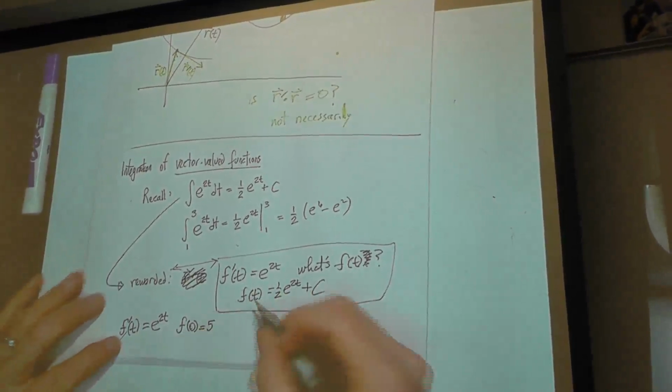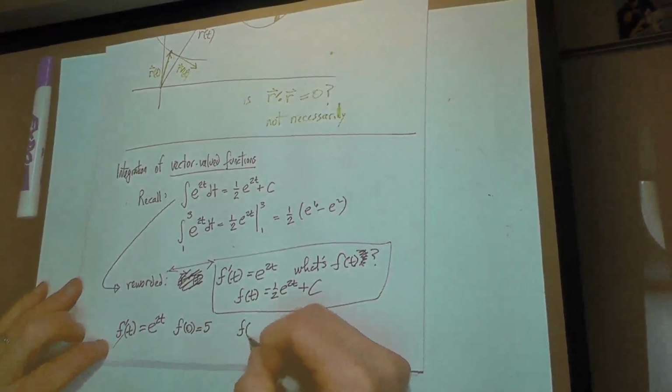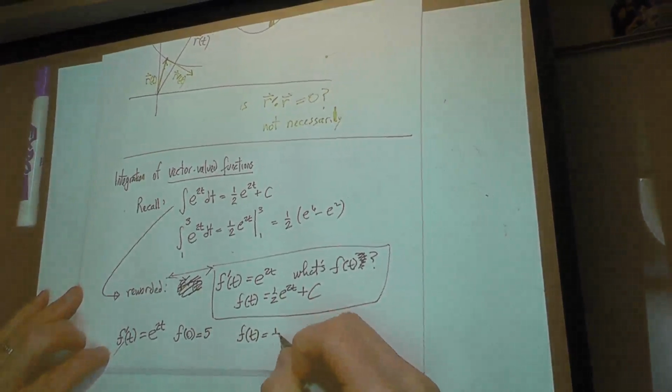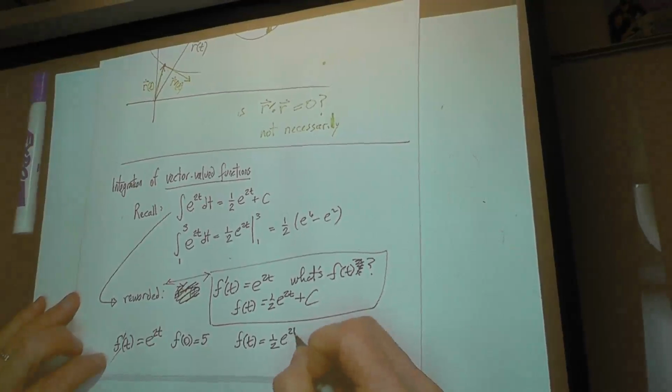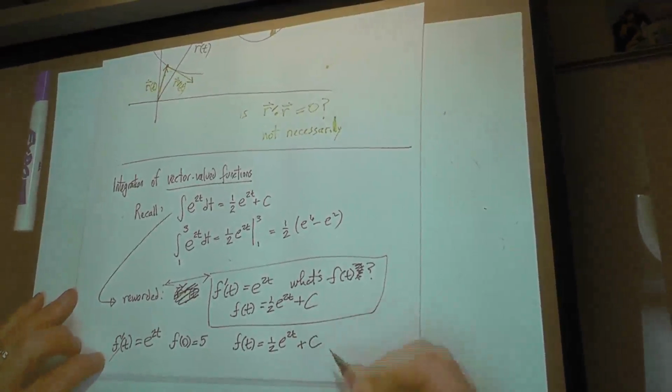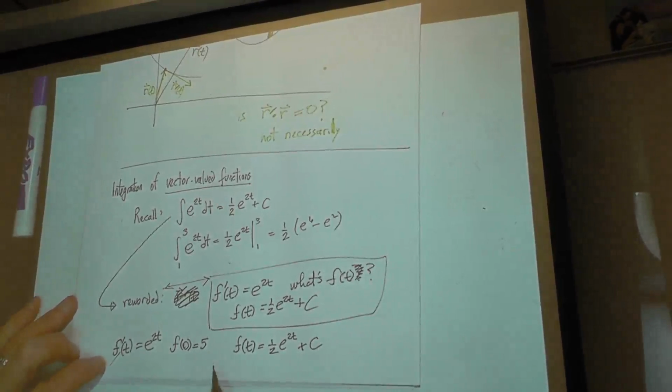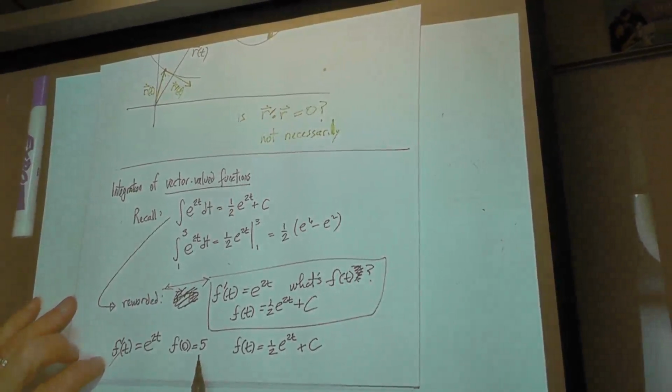So this would tell me f of t would be 1/2 e to the 2t plus a constant. That constant is not, in this instance, going to be 5.